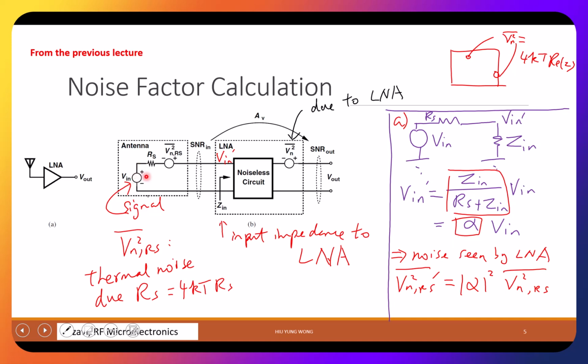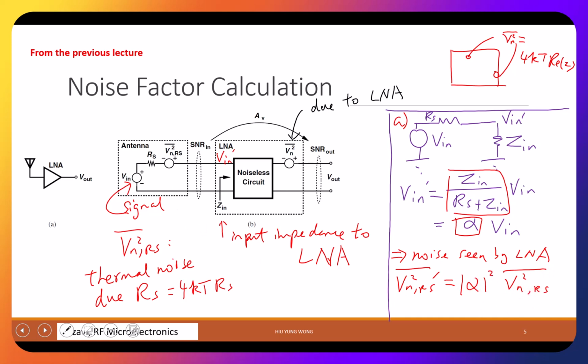But now I care about the noise, right? So the noise is going to be square root of Vn square Rs. However, we don't care about the absolute value, we care about the power. So the noise that I see at L19A is going to be the noise from the Vn square Rs times alpha square, right?